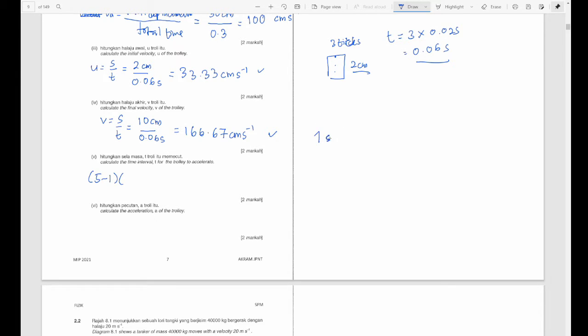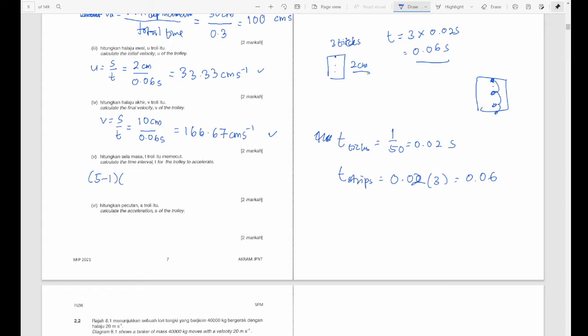Remember, the time between 2 ticks equals 1 divided by 50, which is 0.02 second. For the time for a strip, since we have 3 ticks in one strip, it will be 0.02 times 3, so you will get 0.06.